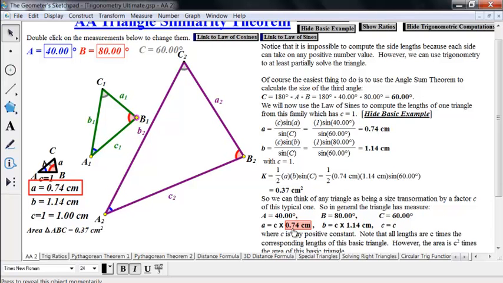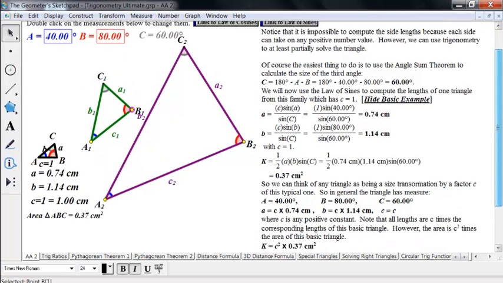And then A is whatever we found for A before times this C. But the angles are the same. So this is a similar triangle here, and all the sides are proportional. C becomes the proportionality factor.